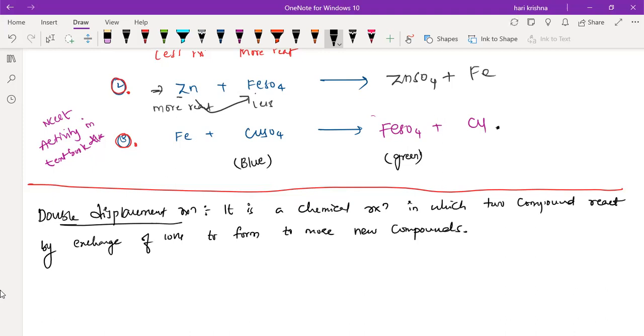Are you understanding my handwriting? Yes, sir. It is a chemical reaction in which two compounds react by exchanging ions to form two more new compounds, called a double displacement reaction.